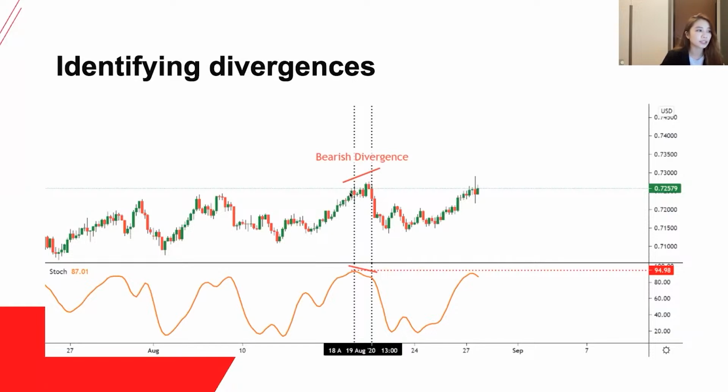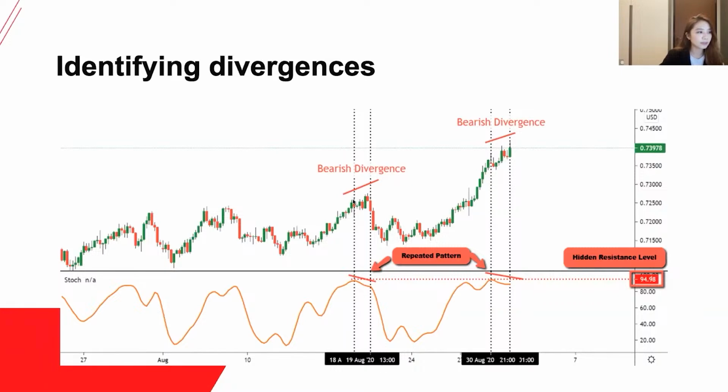You can see that price actually closed higher than before. However, in stochastics, they can capture a lower momentum, which is really odd, right? Since the price actually did close higher than before, which is an indication of a divergence, which in this case we call a bearish divergence.